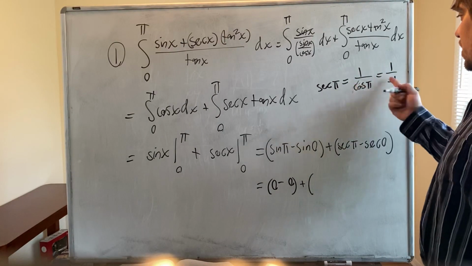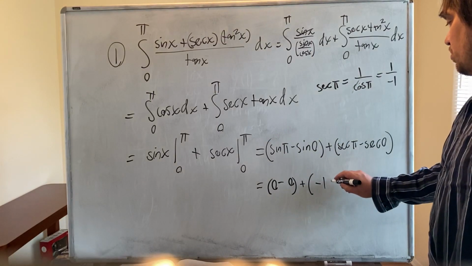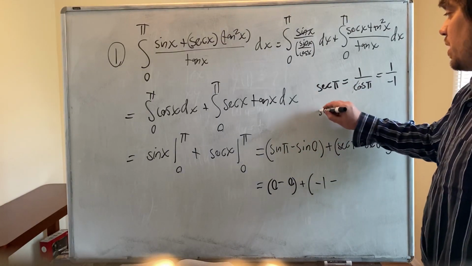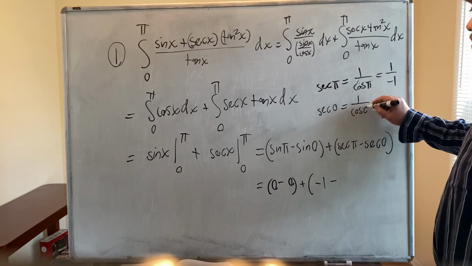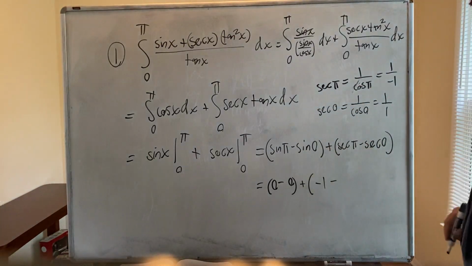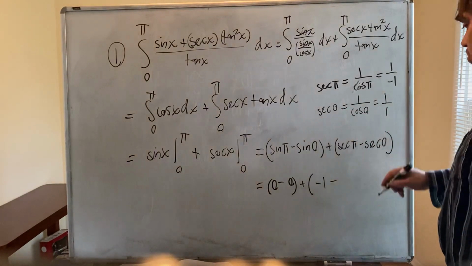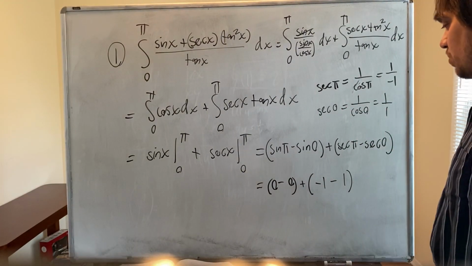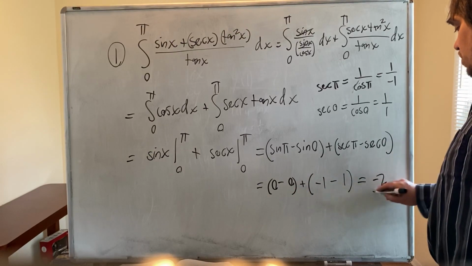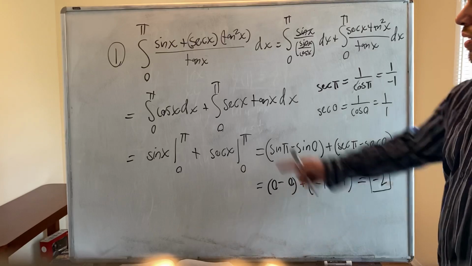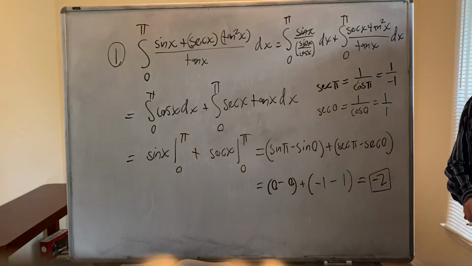So secant pi is negative 1, minus secant of 0. Secant of 0 is 1 over cosine of 0, and cosine of 0 is 1, so secant of 0 is 1. So this is negative 1 minus 1. So 0 plus negative 1 minus 1 is negative 2, and our definite integral is equal to negative 2.